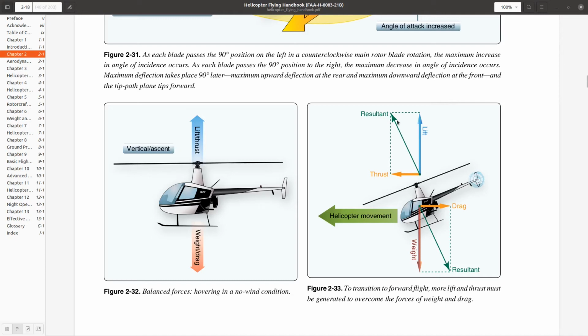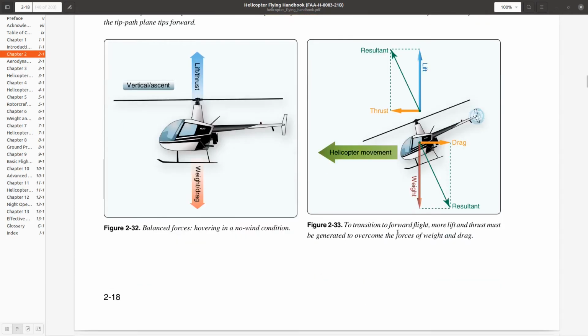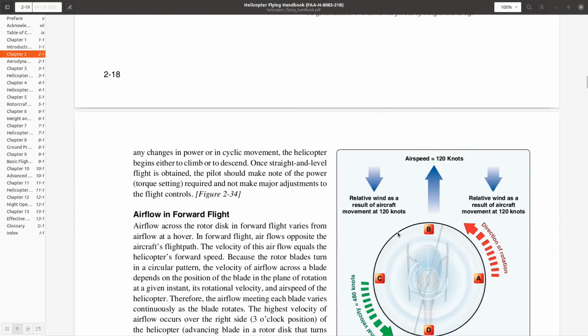It's called the resultant force here, but it's really the force you're getting from that rotor blade. We tilt it forward. Now we have thrust and lift. And the lift opposes the weight, and then the drag opposes the thrust. So if I tilt forward and I don't change anything else, the helicopter is going to sink because I don't have as much force to oppose the weight. The helicopter didn't suddenly get lighter. So that's something I need to account for in a helicopter.